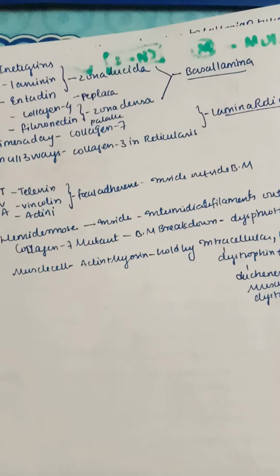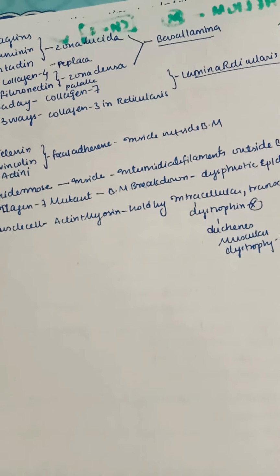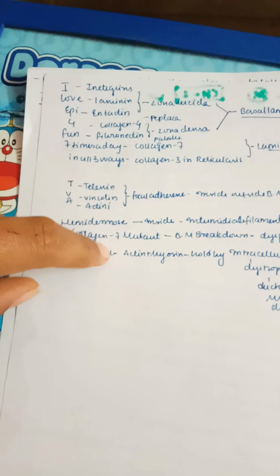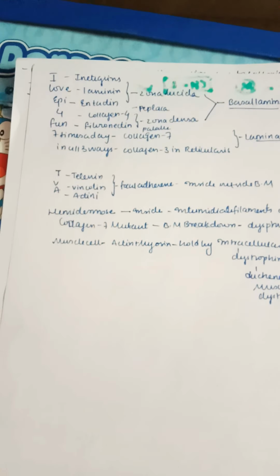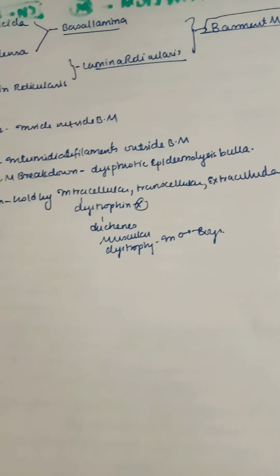And we have the hemidesmosome, which is attached inside to the intermediate filaments and outside to the basement membrane. Collagen 7 is what attaches these two structures together, that is our basal lamina, zona lucida and zona densa layers. Whenever collagen 7 is mutant, the basement membrane itself can break down. This causes dystrophic epidermolysis bullosa.